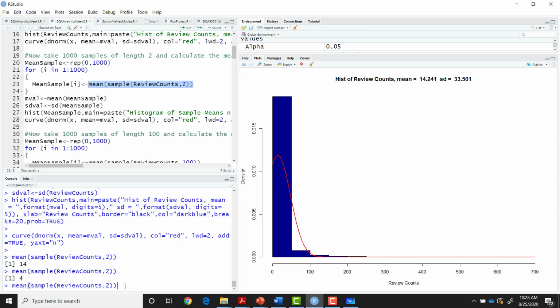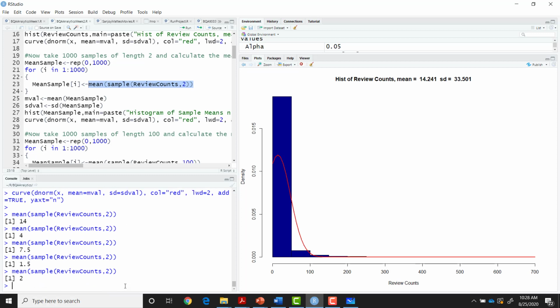The for loop, this is just standard programming knowledge, goes for i in, and i doesn't mean anything, it's just what we call an iterator. It just tells you the number of the loop. So for each number of the loop in 1 to 1,000, we literally do this 1,000 times, and i goes 1, 2, 3, 4, all the way up to 1,000. And we create a vector called mean sample, which at the beginning is just a load of zeros, and then we fill in all these sample means.